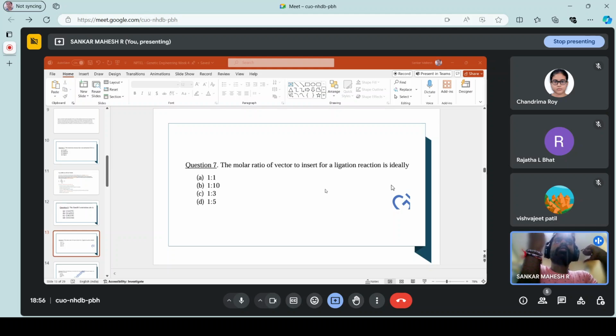So, Chandrima, you can think about this way. What you told about degradation is in a way right, but what would make some DNA less susceptible to degradation? Chandrima, can you hear me?